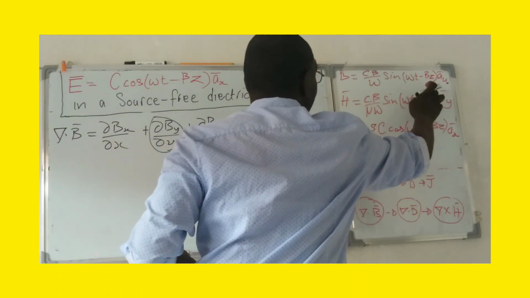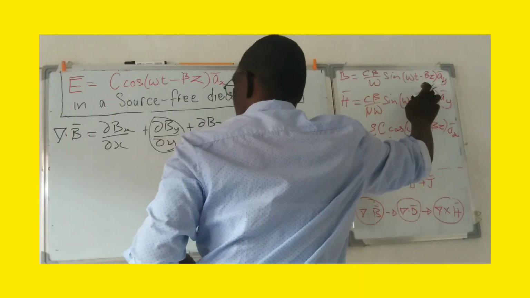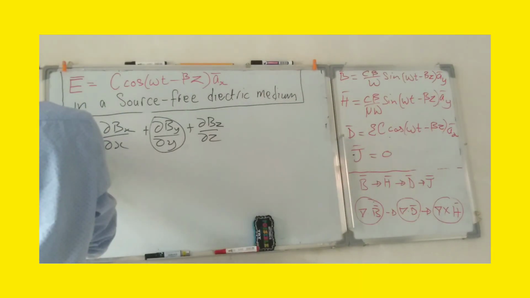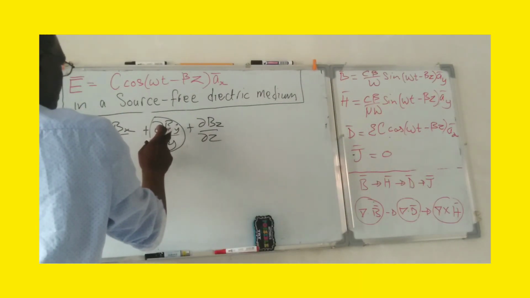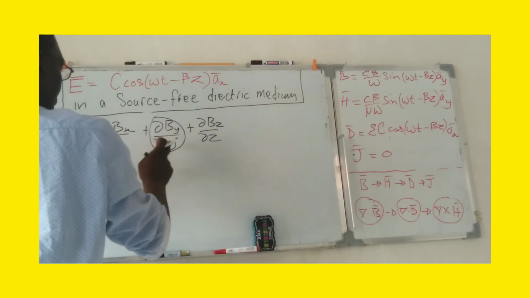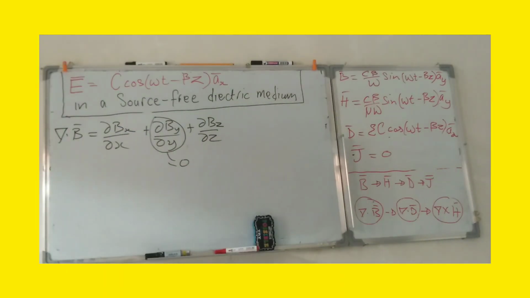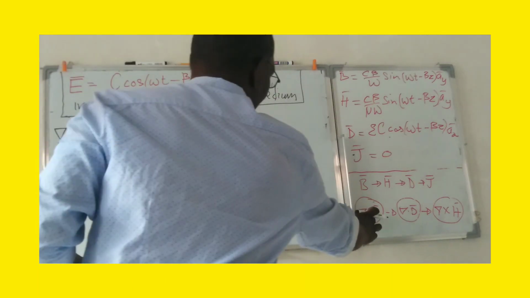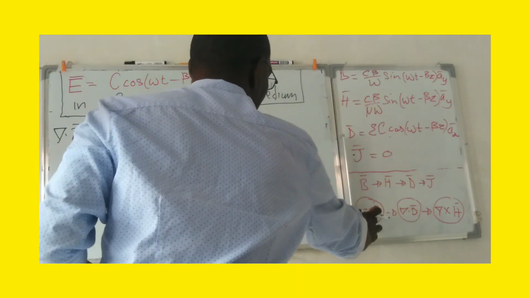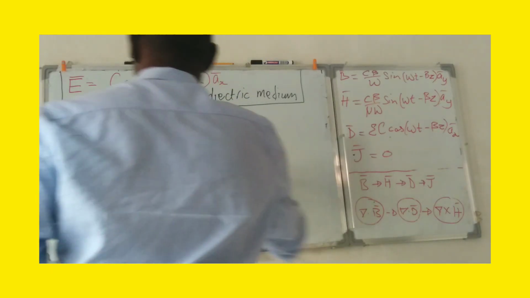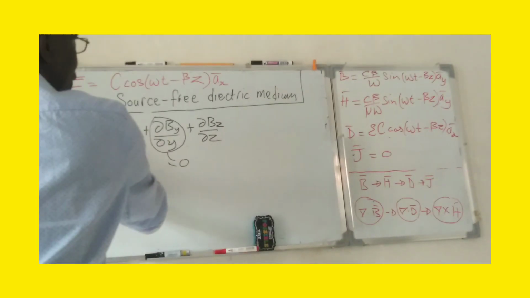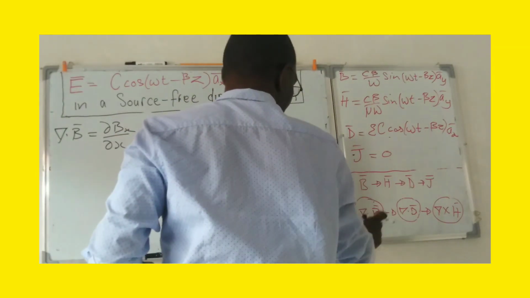It's in the y direction, yes, but it's not a function of y. So the divergence, partial B_y, partial y, is actually equal to 0. So we have proved this one here. The divergence must be equal to 0. And we have discovered here the divergence of our B is equal to 0.